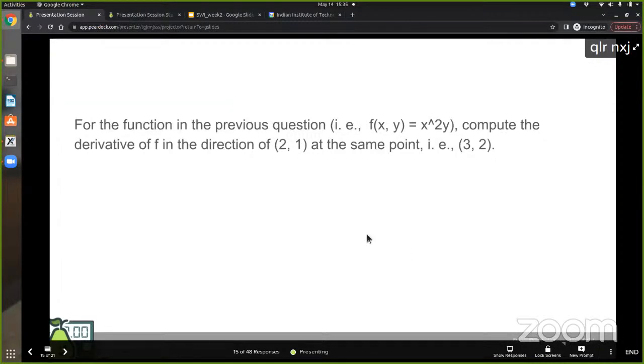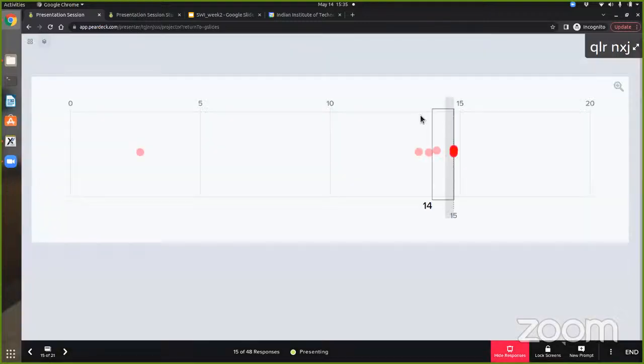Okay, the correct answer for this question is 14.75. Those who got this, so if you've got some different answer, you may please recheck. Some students have given a completely incorrect answer between 0 and 5. Please recheck your answer. It should be 14.75.